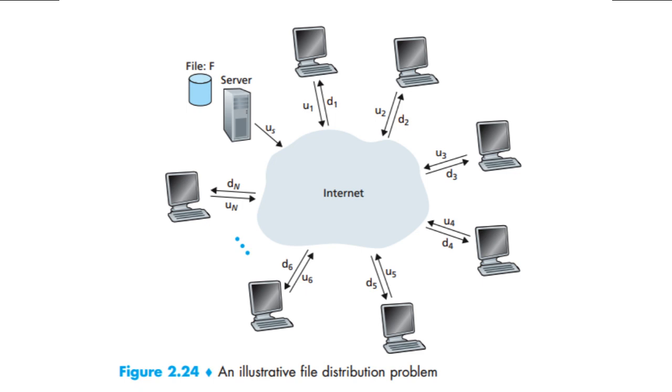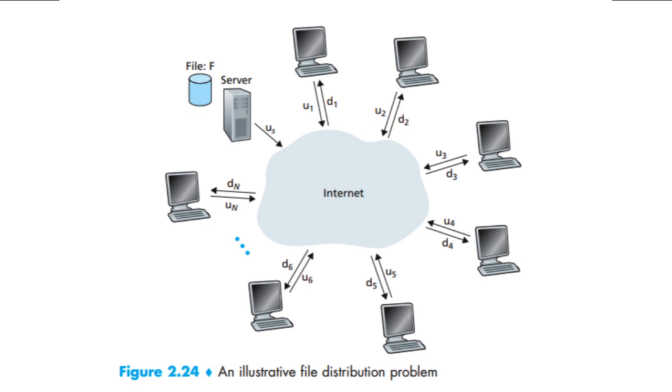Thus, the minimum distribution time is at least F/d_min. Putting these two observations together, we obtain D_cs >= max{NF/u_s, F/d_min}. This provides a lower bound on the minimum distribution time for the client-server architecture.